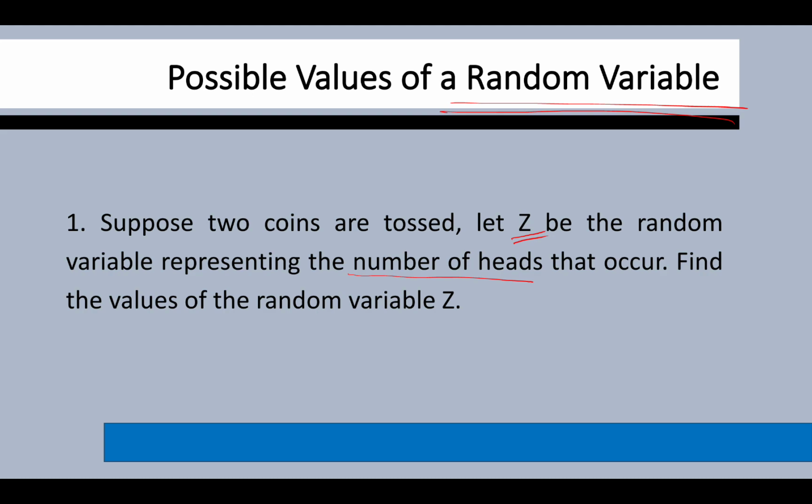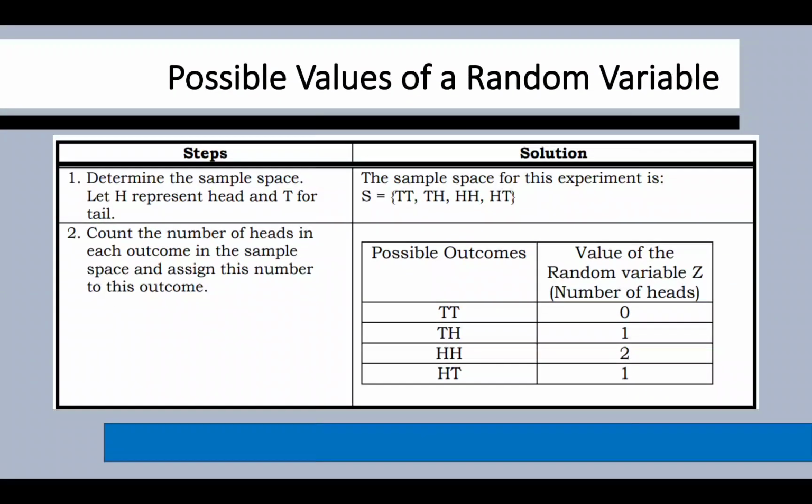So, we will be dealing more with discrete. Later part ng semester tayo magdi-deal with the normal random variable. So, magfo-focus tayo sa discrete random variable. Find the values of the random variable Z. So, what you will do when you are finding the possible values of a random variable, ang una mong gagawin is to determine the sample space of the experiment. Aalamin mo muna. So, when you toss 2 coins, here are the possible outcomes.